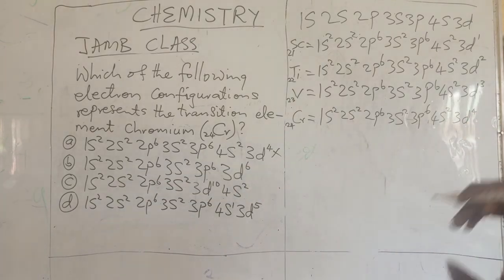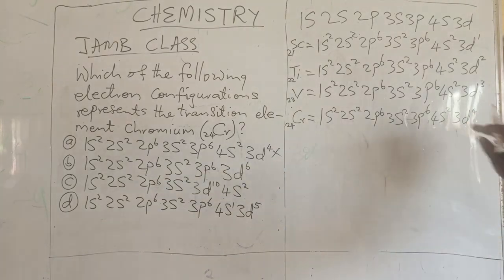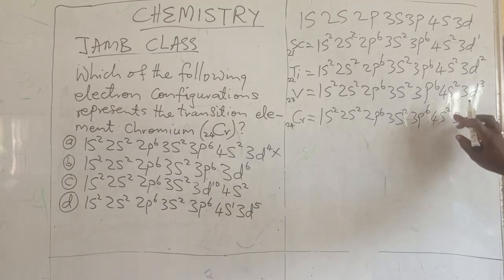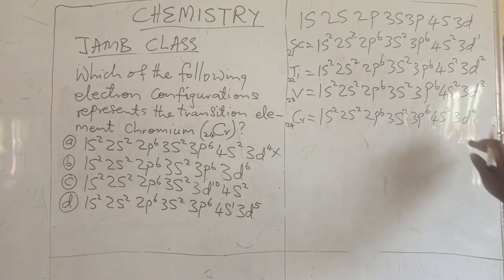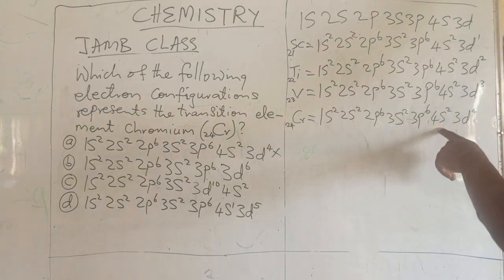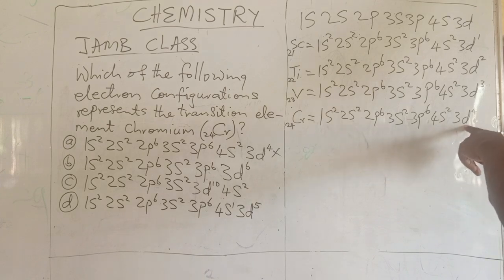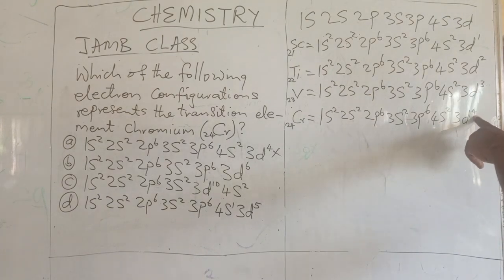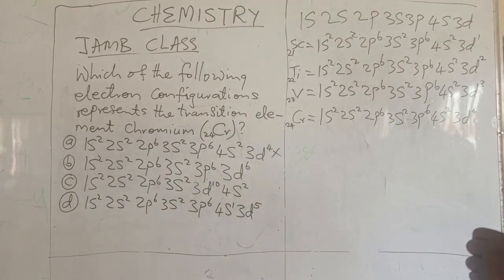Because at this point, this electron will move, because s can carry a maximum of 2. d can carry a maximum of 10. But this one is almost half. Half of 10 is what? 5. It is almost half, while this one is full. It will not happen this way.